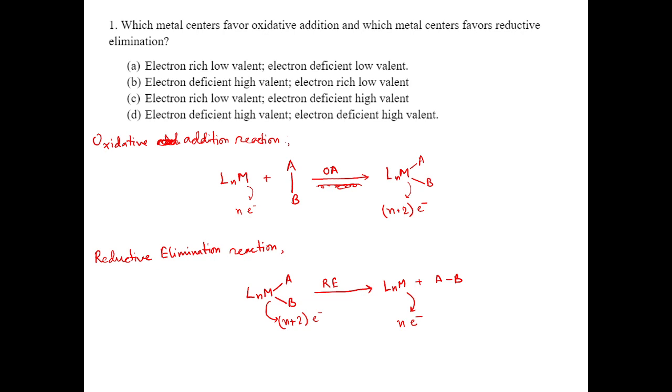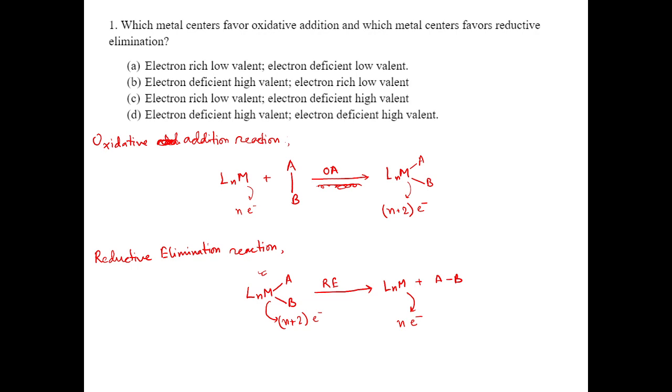And for the reductive elimination reaction, you can see the ligand AB is kicked out from the metal complex, right? If the complex is electron deficient, there is a high tendency that AB will go out, so reductive elimination will be more feasible.